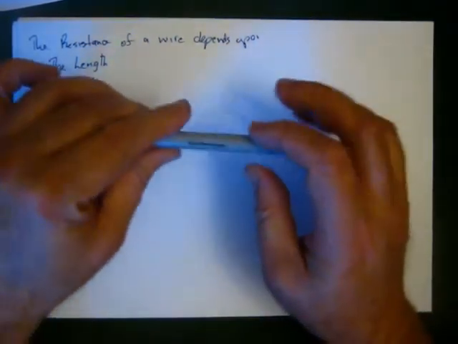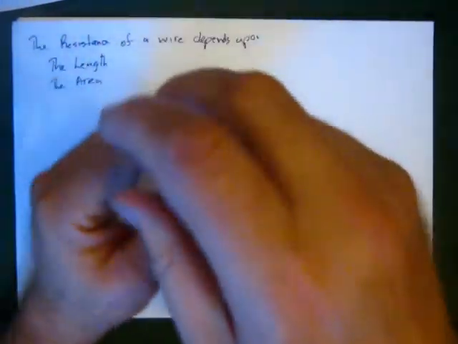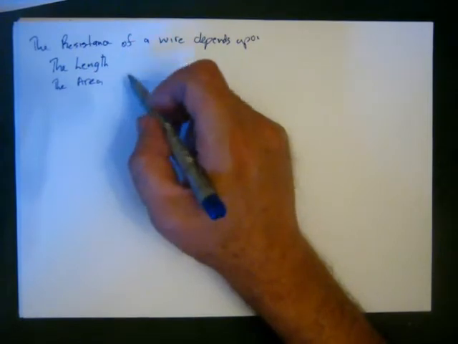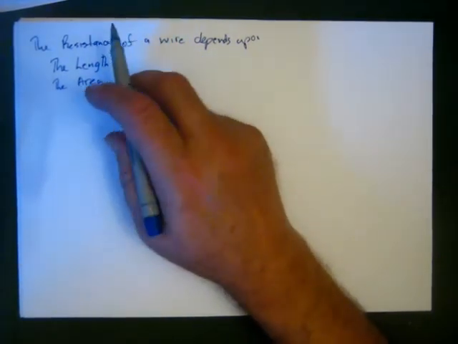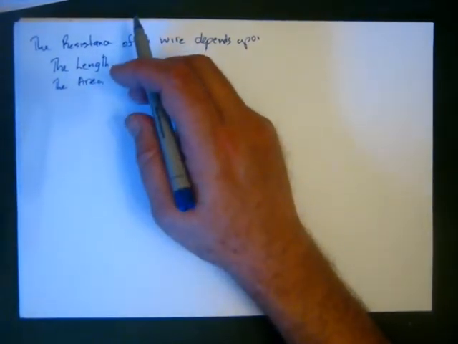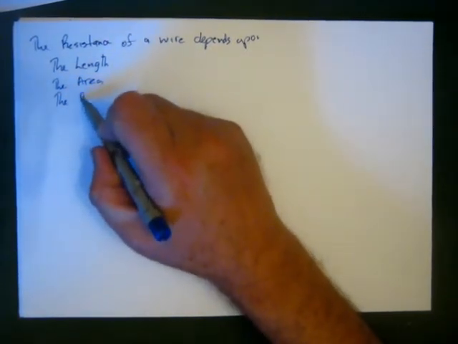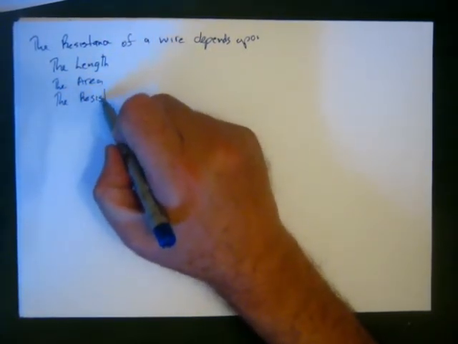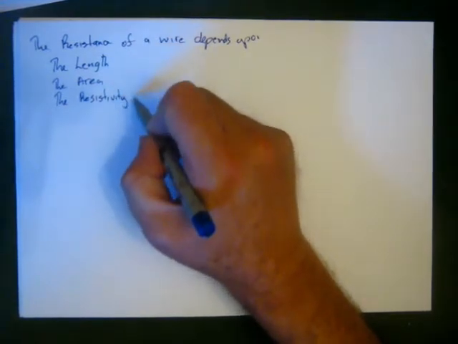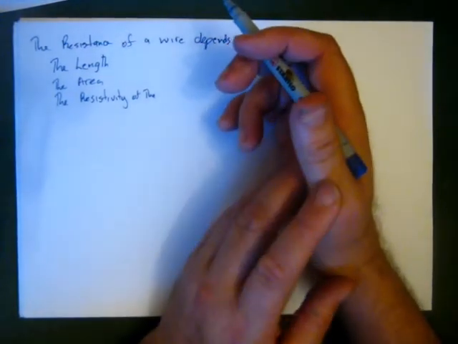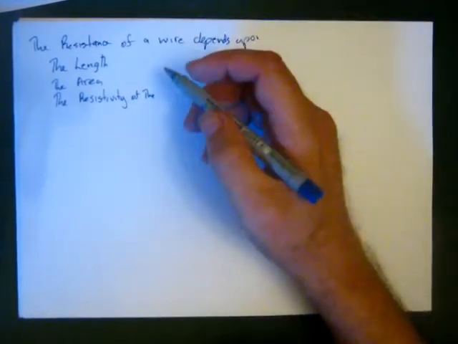So if I have a wire here and I cut it in half, how big is this area here? The cross-sectional area. And the other thing is it also depends upon a property we call the resistivity of the wire. How resistant that wire is to sending electricity down.